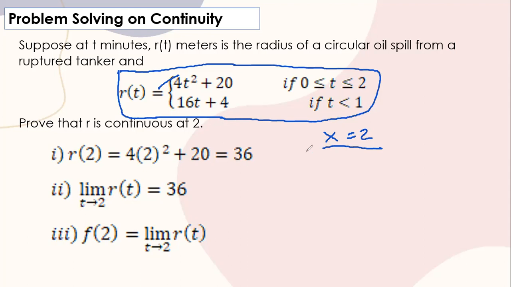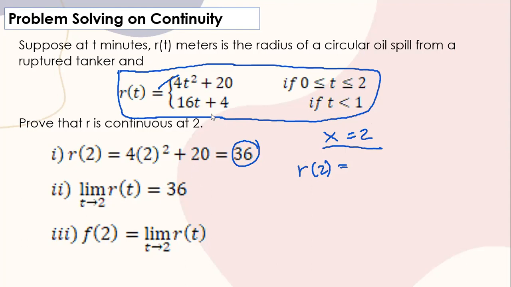Okay, so r of 2, we will simply substitute 2 to t. So r of 2 is equal to 4 times 2 squared plus 20, that is equal to 36. Okay, so evaluate the limit of r of t as t approaches 2.